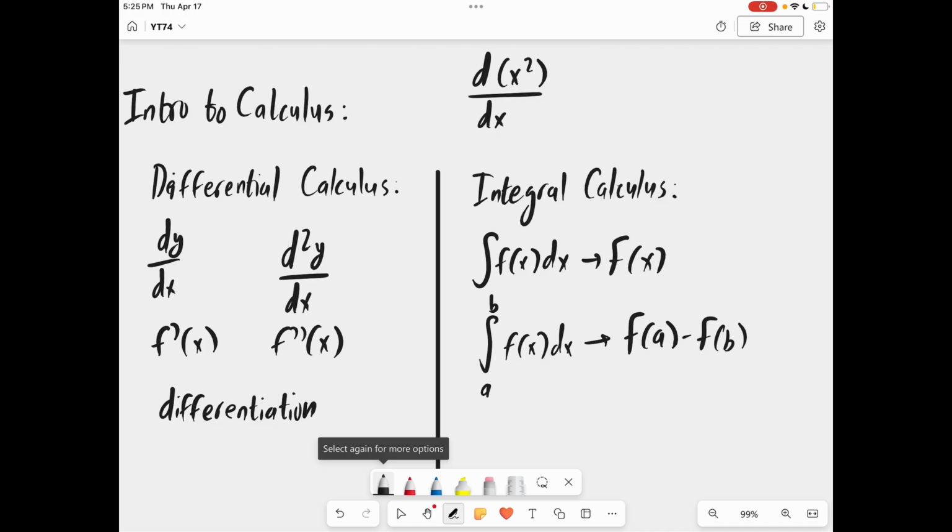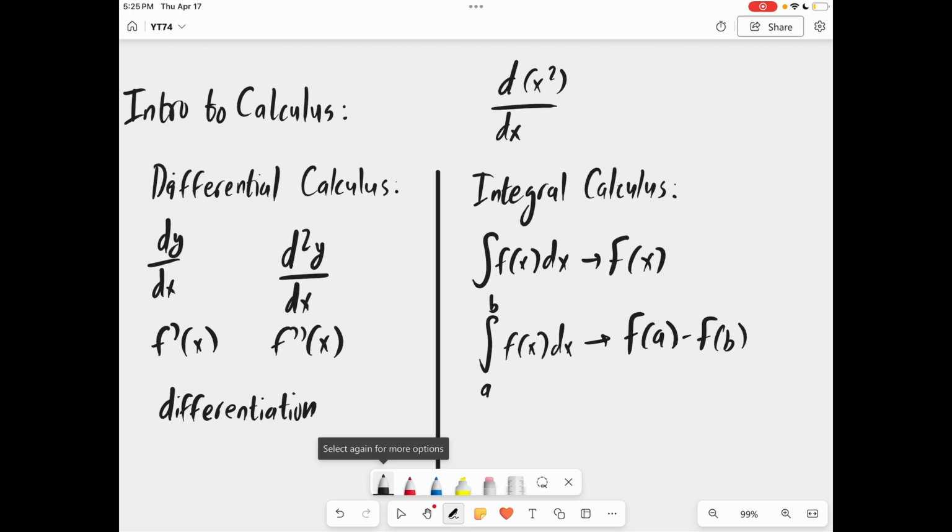You might think, oh, the d's cancel out, then this cancels out, so this becomes x. Nope, that's entirely incorrect. This d of x squared over dx is an entirely different operation.